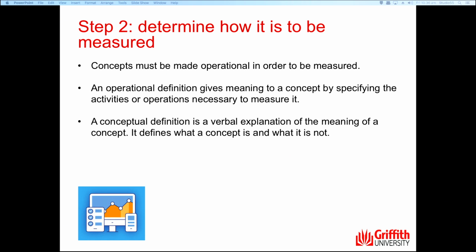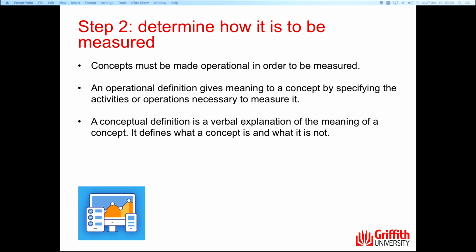If you want to measure materialism, for example, you've got to know what is exactly meant by materialism. If you want to measure social entrepreneurship, what is actually social entrepreneurship? If you want to measure consumer ethics, you have to know what it actually is and how we measure consumer ethics.